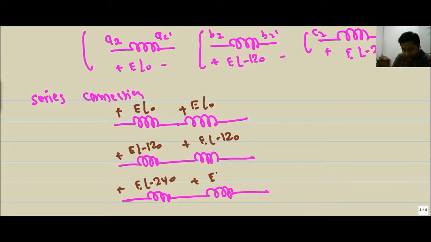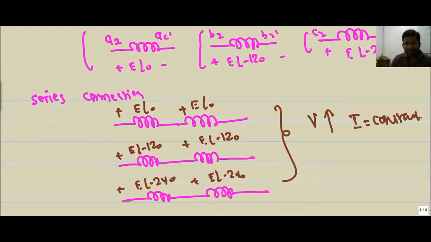Here the voltage rating increases, and the current rating remains constant. So when there is a need for high voltage, just by the series combination of this connection, we can increase the voltage rating of the stator winding.